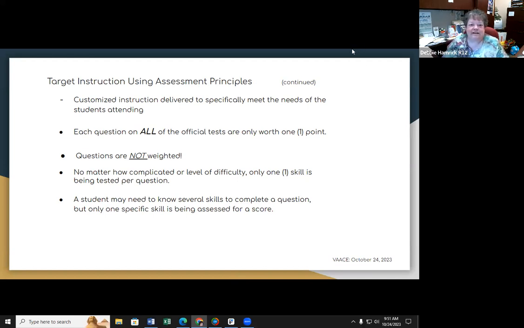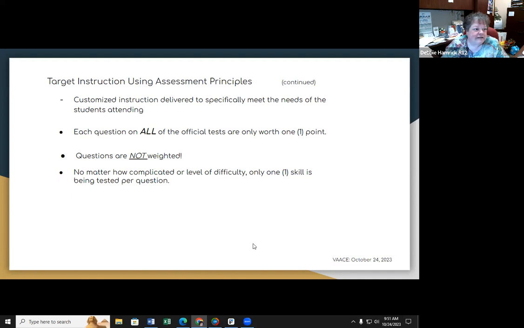And so finally, when he got us to calm down and quiet down, he said, yes, and that is the way it has always been, which was quite a surprise, because I remember being in Pearson VUE hosted sessions and being told that the questions were weighted. So as of July, he explained to us that no, the questions are just one point and are not weighted.